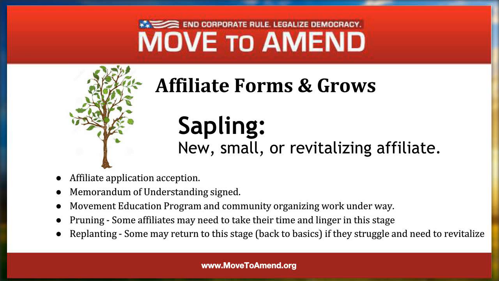You can either change your name to carry the Move to Amend name, or you can keep your organization's name and become what we call a partner affiliate, where you continue the work that you've been doing as an organization, but you'll pledge support to Move to Amend's We the People Amendment, share the same core principles and values, and agree to work with us cooperatively to pass this amendment.